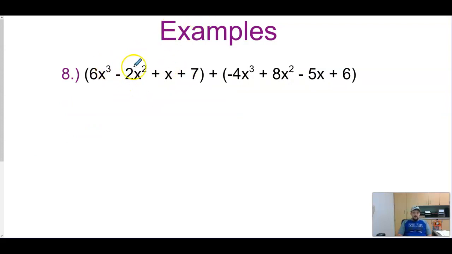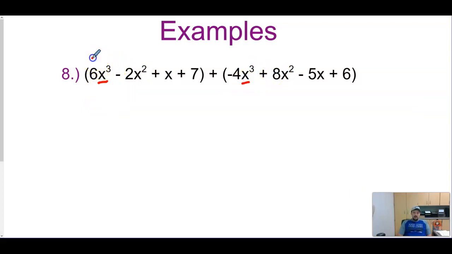We have an x cubed, an x squared, an x to the first power, and a 7. X cubed, x squared, and an x, which is x to the first power, and a constant. So my biggest exponent is x cubed, so we're going to start there. So I have an x cubed here and an x cubed here.